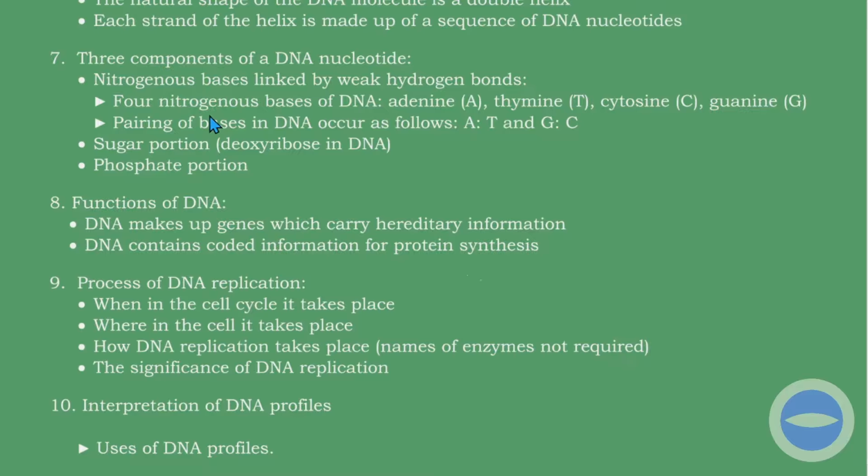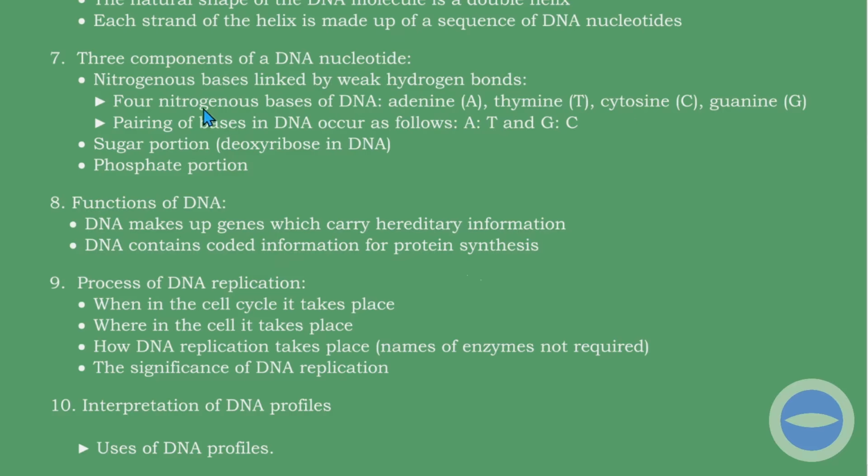Here the nitrogenous bases are linked by weak hydrogen bonds. Like I've shown you, the bond between the nitrogenous bases is called a weak hydrogen bond. And then there are 4 nitrogenous bases, which are called adenine, thymine, cytosine, and guanine.